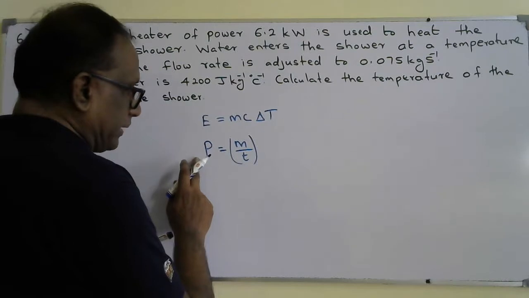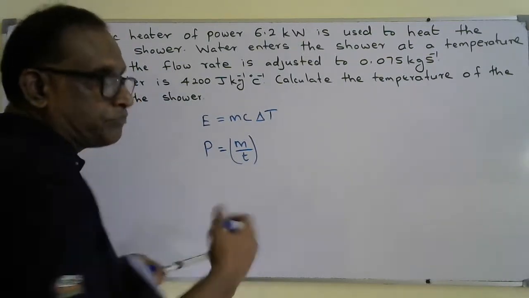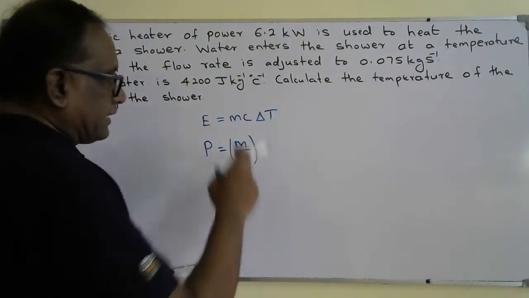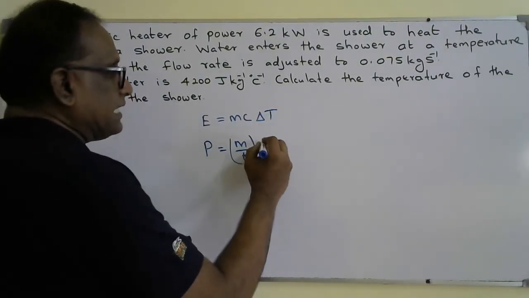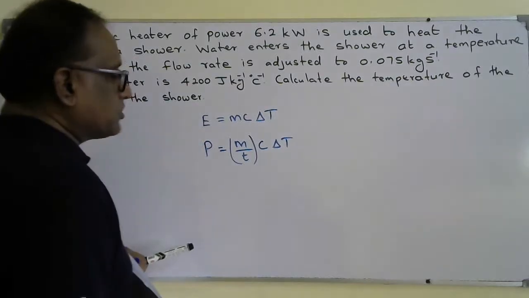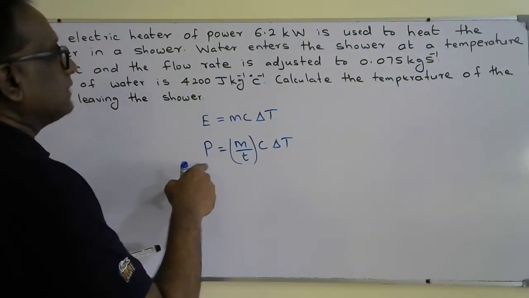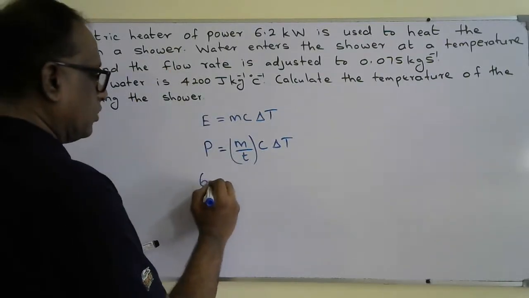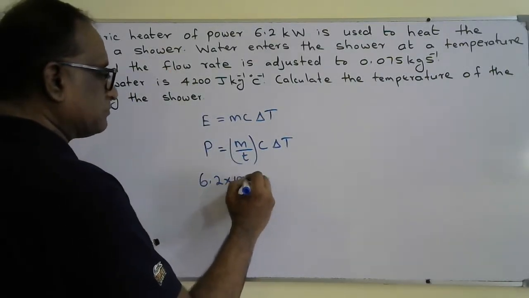So energy divided by time is the power of the heater, that's the rate at which it supplies heat, the output power of the heater. This is the rate of flow of mass, times c delta T. Now we know the output power of the heater, that is given as 6.2 kilowatt, 6.2 into 1000.